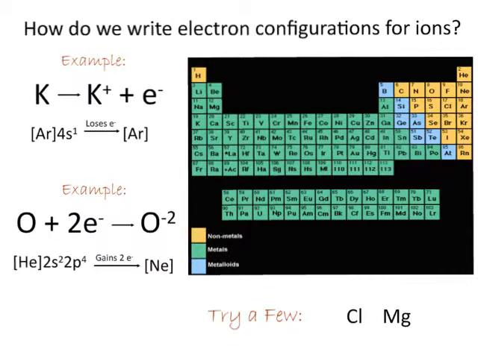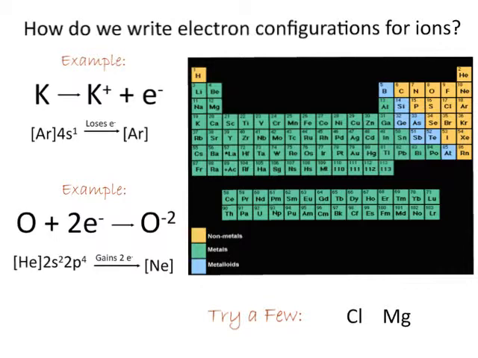If you'll remember, we talked a little bit about this last unit, but potassium very much would like to look like a noble gas in its configuration. So it could either gain another 7 electrons to look like krypton, or it could simply lose the one it has and look like argon. And that is indeed what happens.